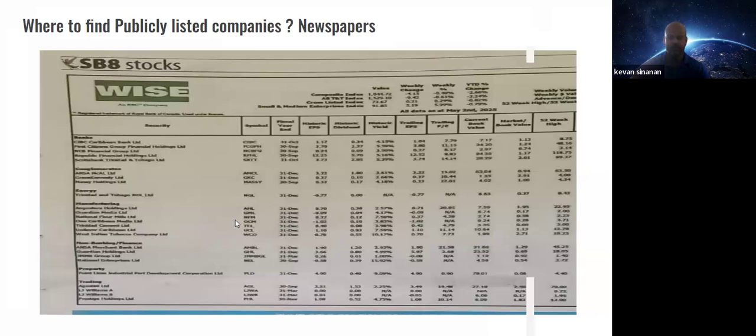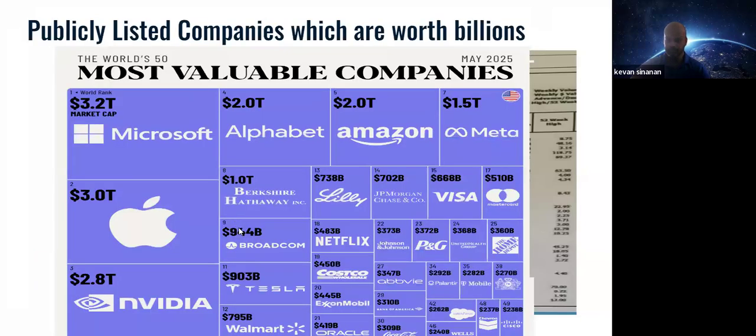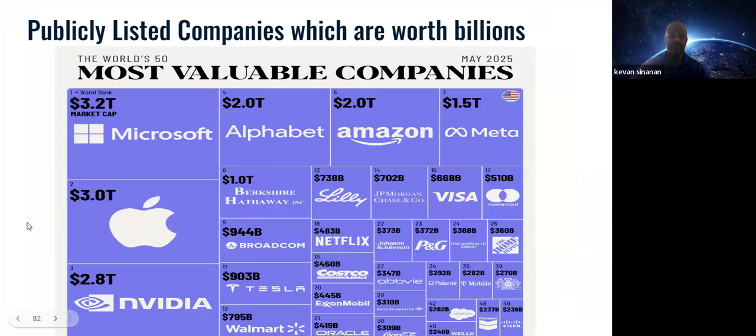National Farmers. Now check this out. In the US, in America, guess what? Publicly listed companies such as Microsoft, Alphabet, which is Google, Apple, publicly listed companies which are worth billions of dollars. Oh, you have NGO? All right, good.